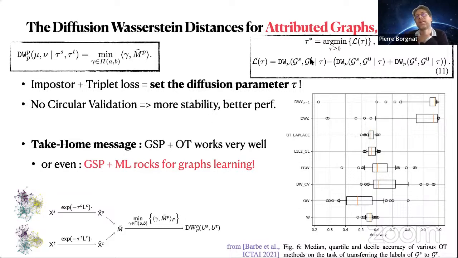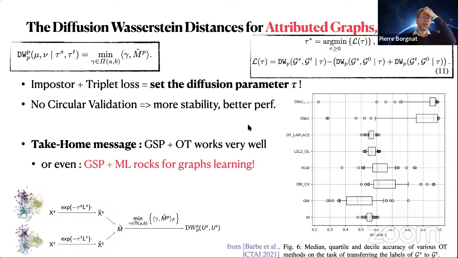And when you are optimizing the triplet loss that we are proposing, then here again, with some accuracy performance on some contextual stochastic block model, you obtain here the best parameter. You can even do something more stable by introducing some entropic regularization in the setting.